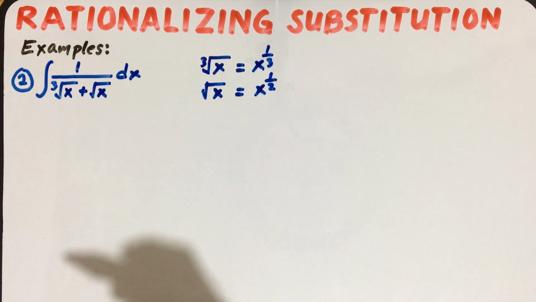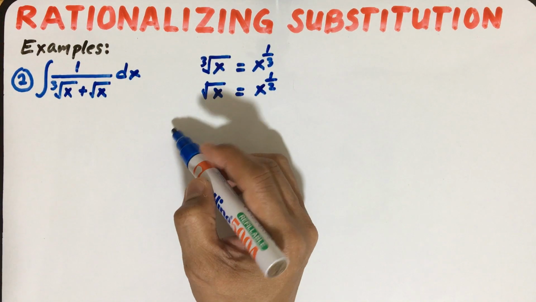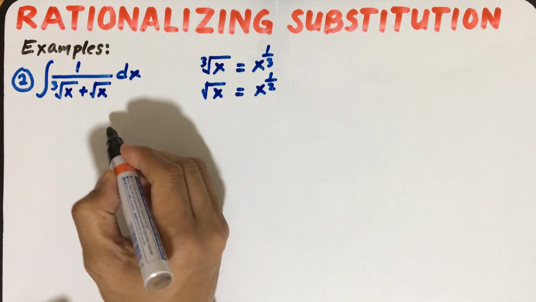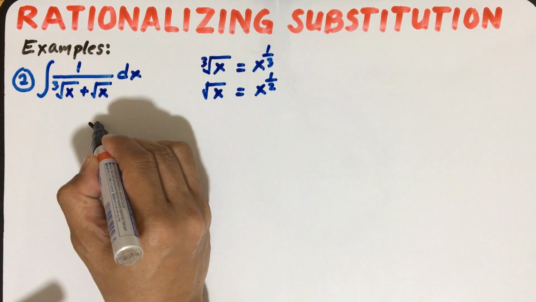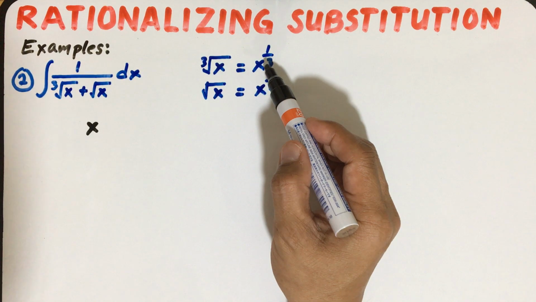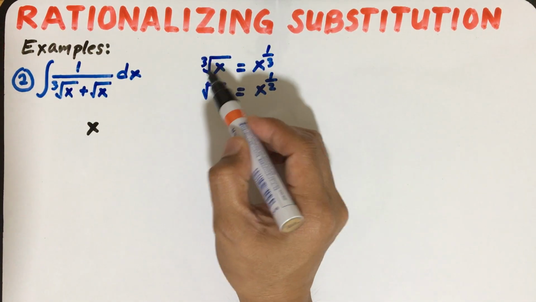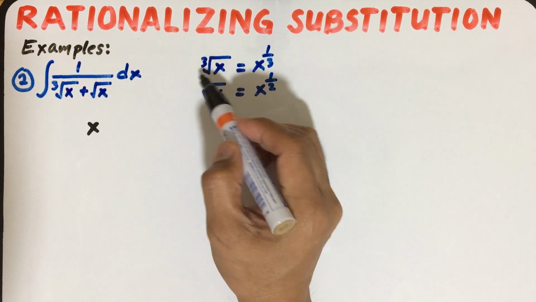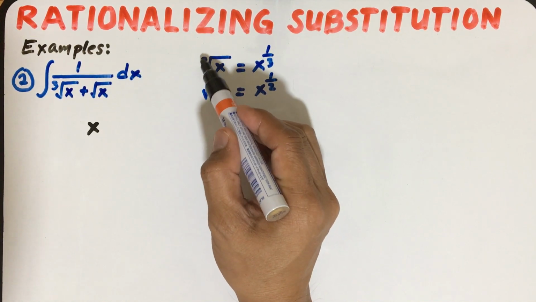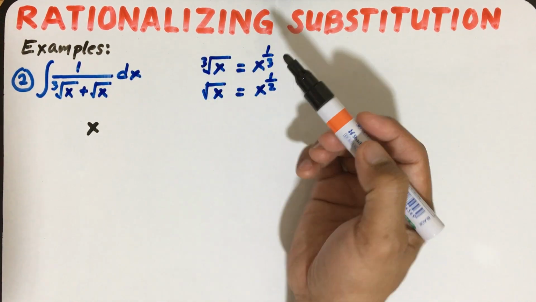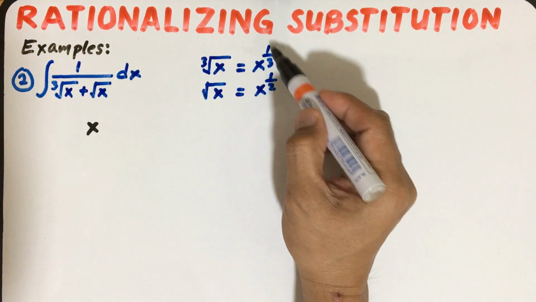The best way here: you know that this is the cube root, so to eliminate the fractional exponent you have to have a perfect cube, meaning you have to raise this to power 3.